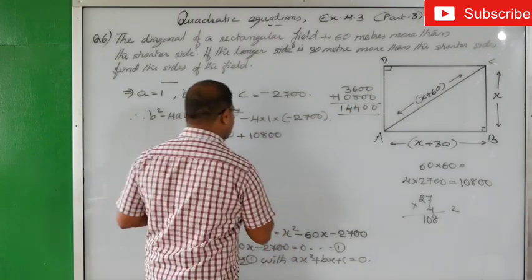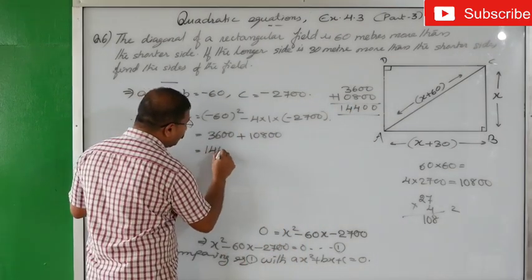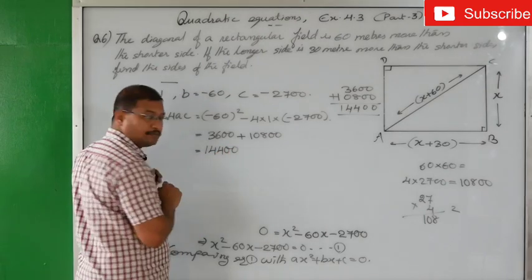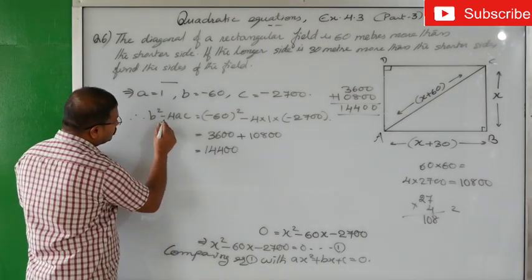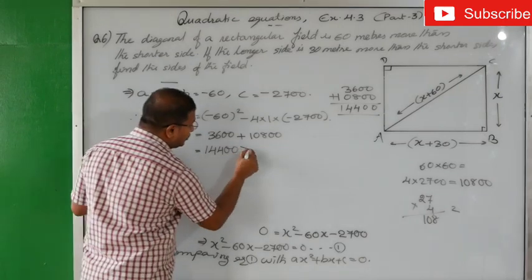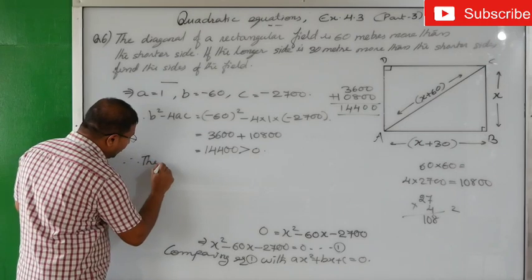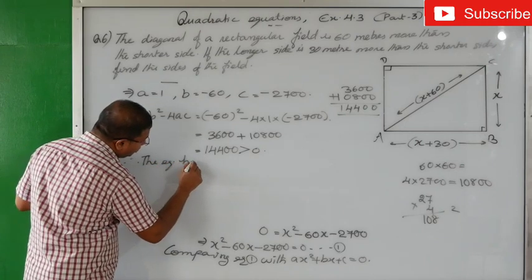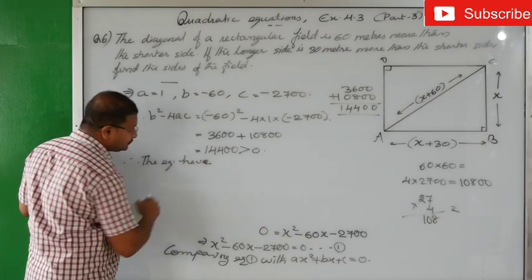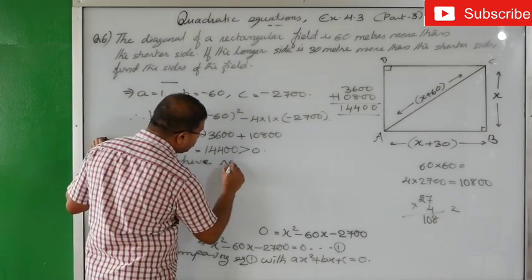That means we'll write 14400. That is b square minus 4ac. This is greater than 0. Therefore, the equation has real roots.